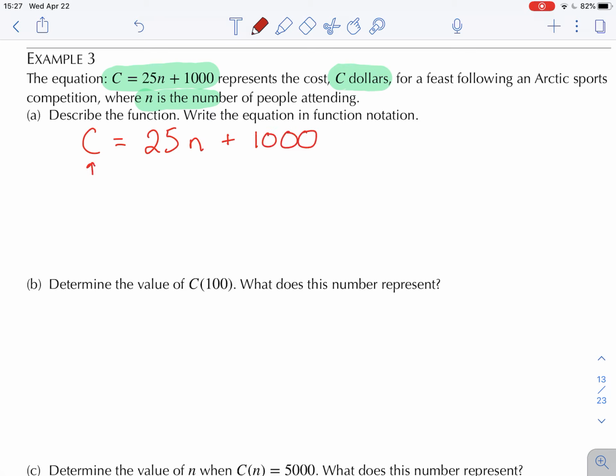So let's describe this function. This is going to be a linear function. C is the cost in total in dollars. N is the number of people.